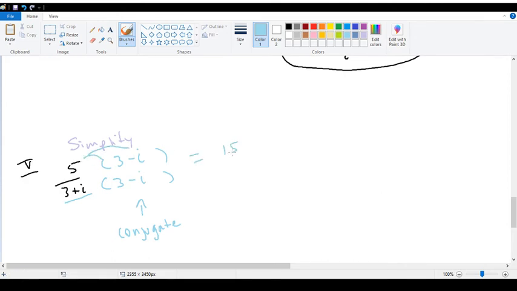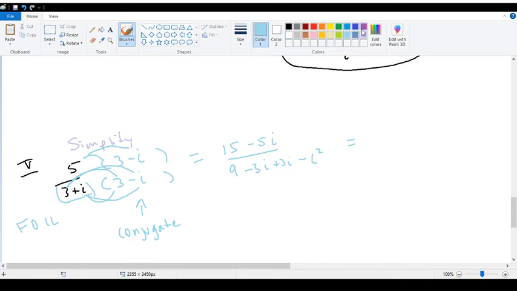So you get 15 minus 5i over, well, let's use that FOIL method on the bottom. First, you get 9. You get the outer, which is negative 3i. Then we got the inner part, which is positive 3i. And then we have the last, i times negative i, it's negative i squared.